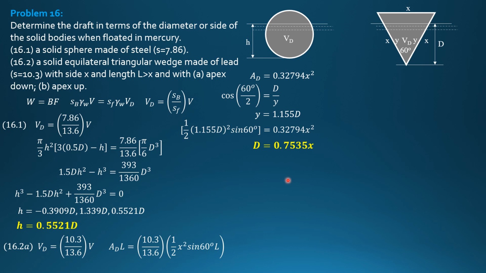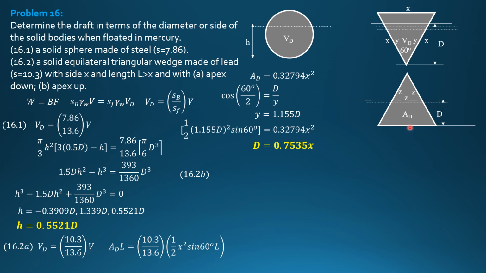Then for the second part, apex is up. That's the figure. I'll call this portion that is exposed z. Everything will be z there. And remember the angle is 30 degrees. So area displaced is still 0.32794 of x squared because this is the same wedge and same area displaced.